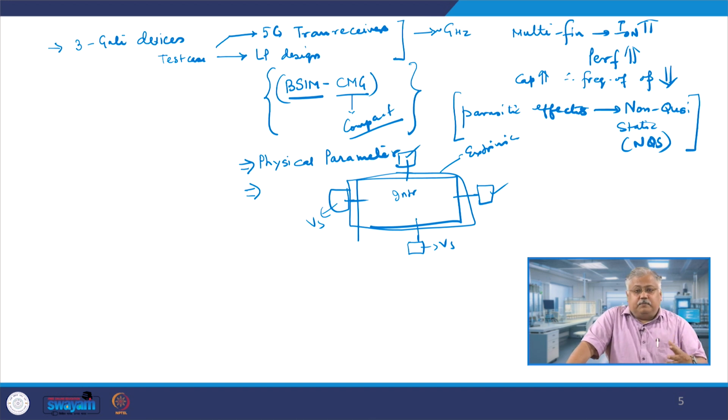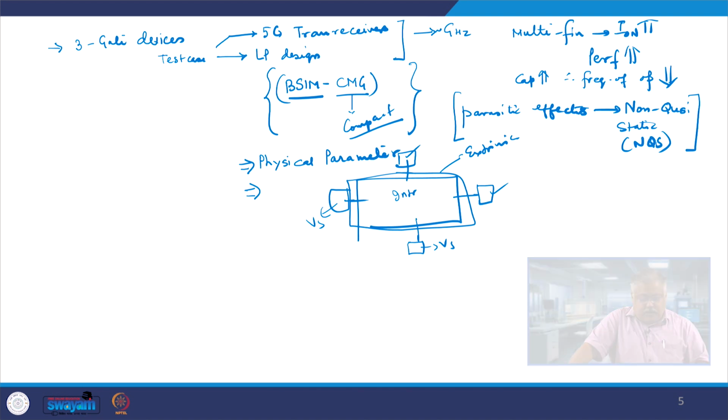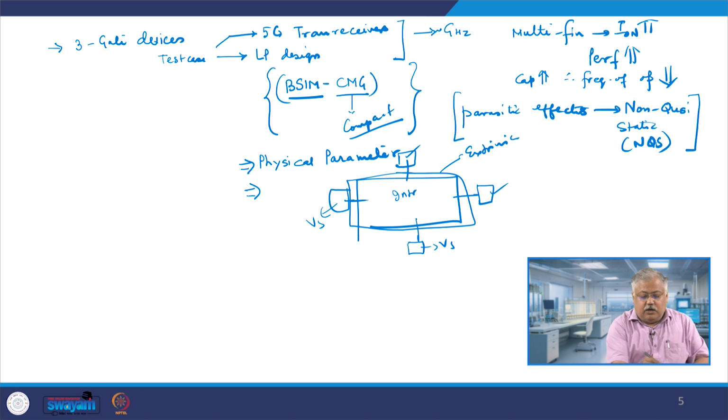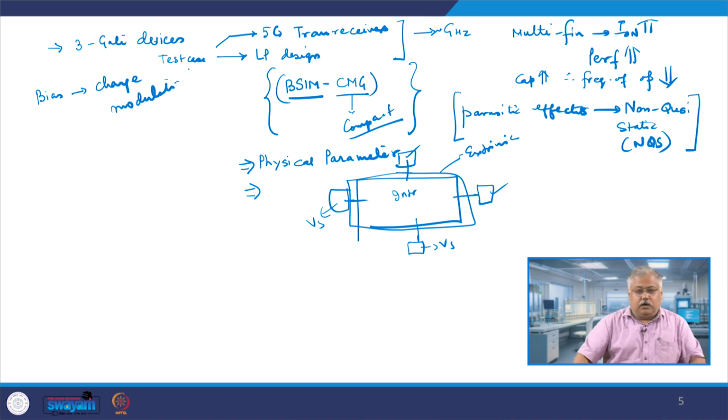To model intrinsic part, we model the whole of it, and then we sort of remove the extrinsic part, and whatever is left is basically the intrinsic part modeling. And in the intrinsic part, most of the parameters are either bias dependent or structural dependent of the FinFET. So why the capacitance model comes into picture is, when you give a bias, there will always be a charge modulation, right, and this will result in large variations in the output characteristics.